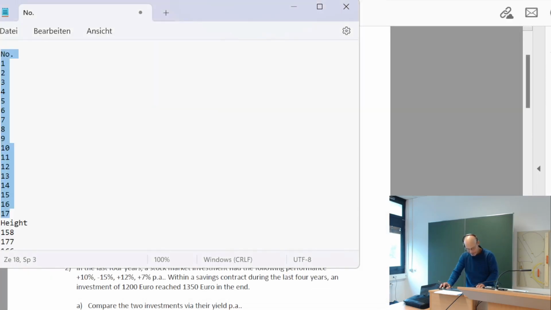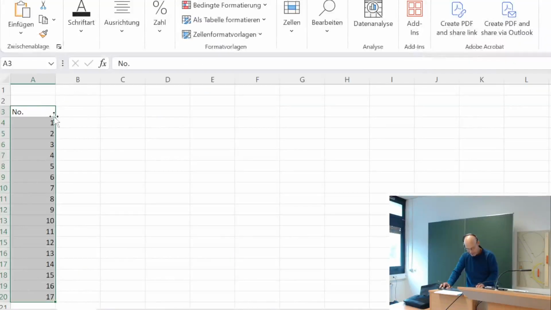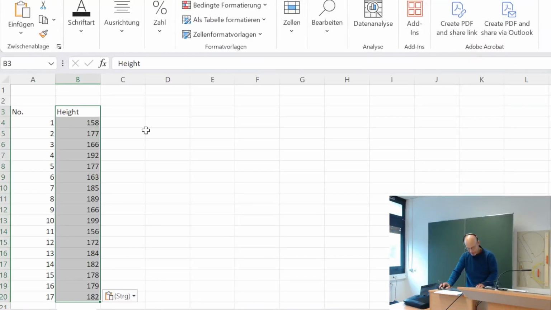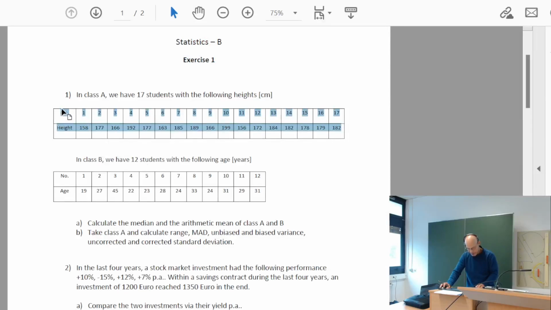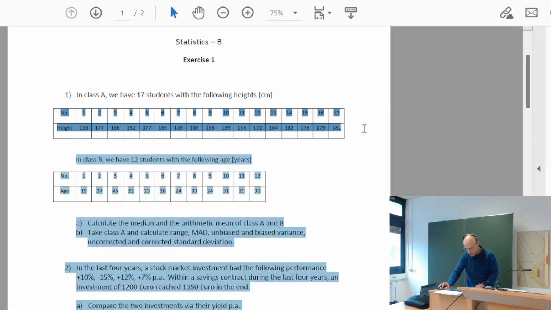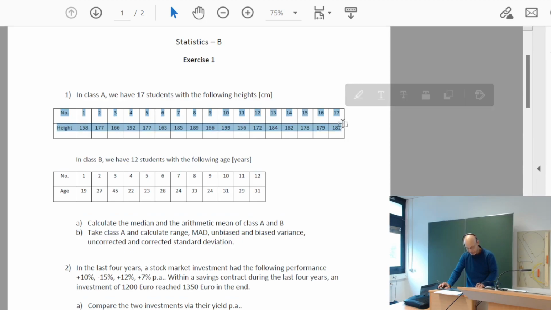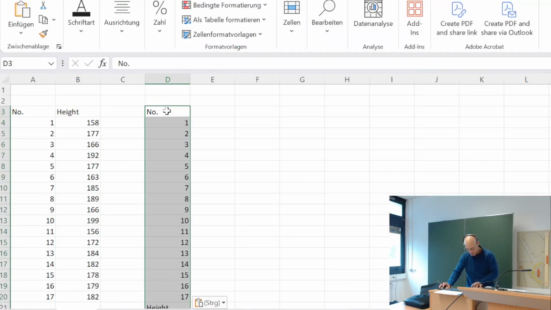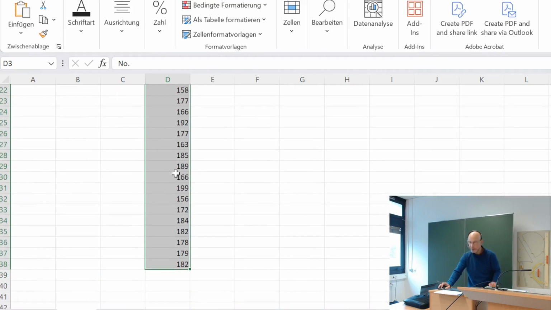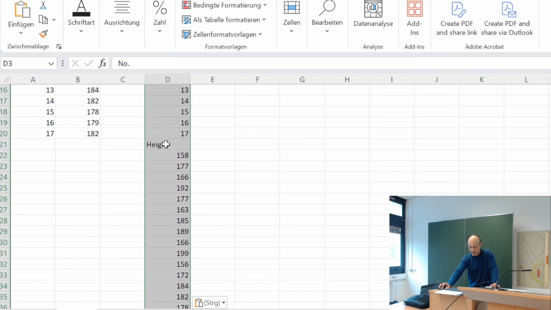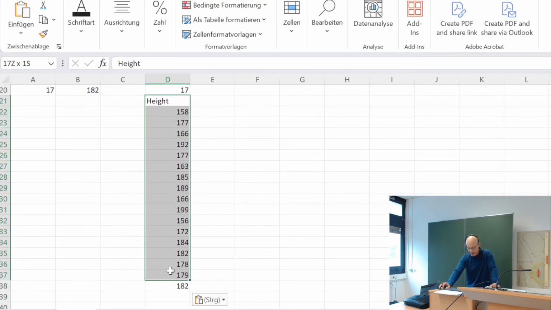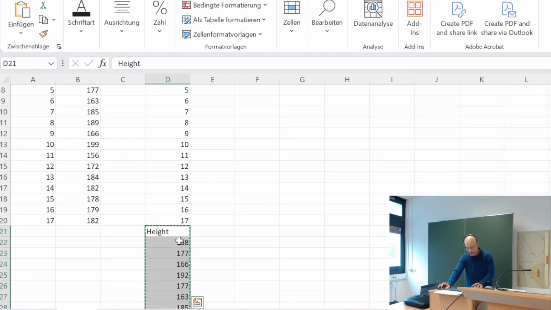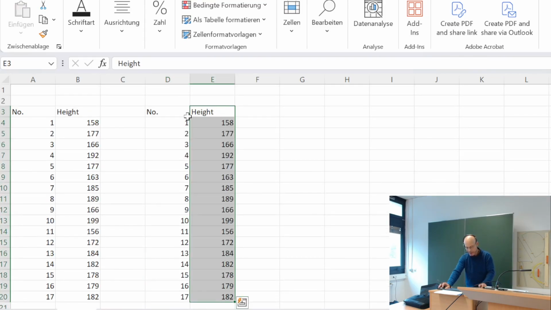Then we also take the heights. But let's see what happens if I directly copy this. Actually, I don't know. Well, okay, this is also quite good. Then you just have to take the data from here and put it beside the other one.